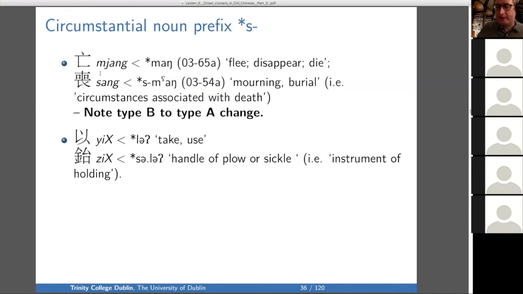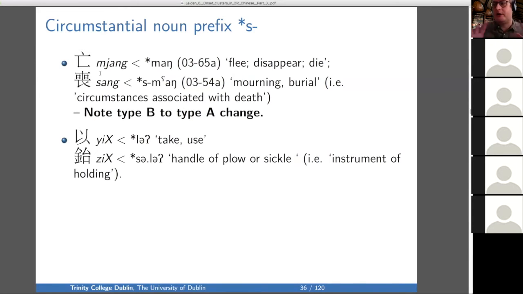They don't have any explanation for this kind of alternation, but do flag it in the book as, I don't know, the frontier of etymological research in Chinese, which is to really systematically look at these A-B alternations. But for our purposes here, it's just, let's say, a confounding factor in the analysis of the S circumstantial prefix.